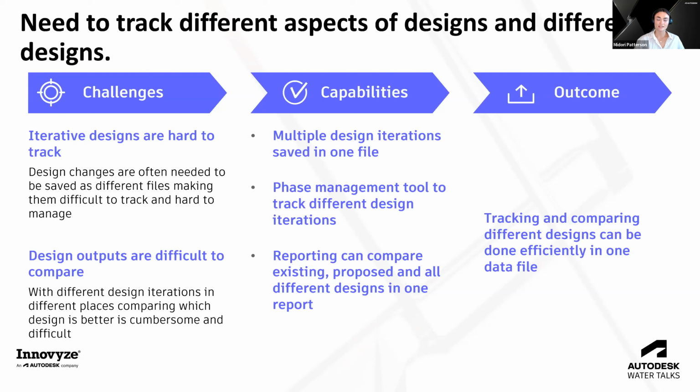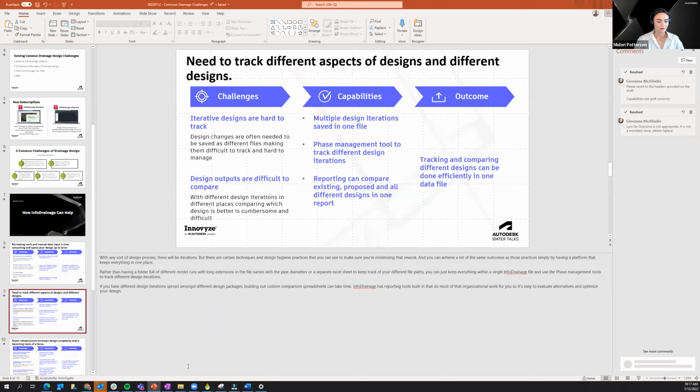Building a custom comparison spreadsheet can be time consuming, and InfoDrainage has these reporting tools that make it easy to compare those phases as you're going through the process, so you can easily compare and optimize your design and compare alternatives.